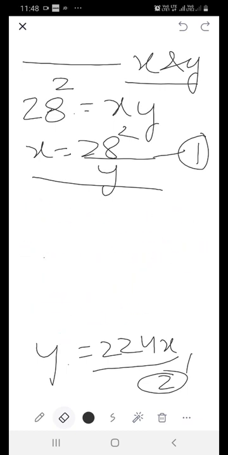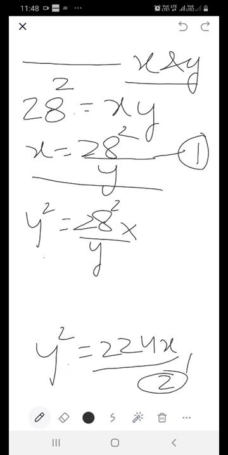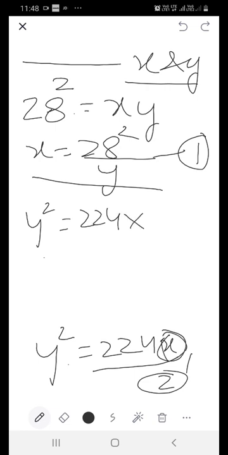Okay, let me do it again. Y square is equal to 224 into x. Replace this value of x from first, that is 28 square upon y. Now what are you going to get?